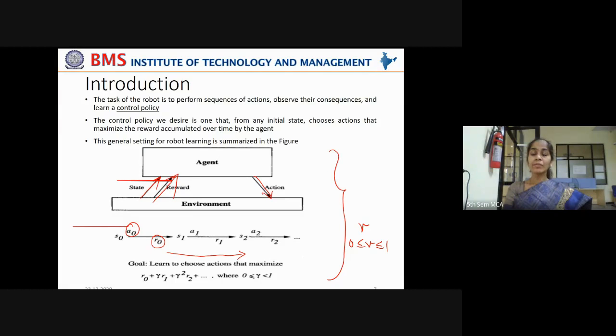If the delay in giving the reward or feedback to the agent is more, then that reward's importance will be reduced in the learning process. So immediate rewards are always appreciated. So gamma has to be kept as low as possible towards 0, indicating that there is not much delay in giving the rewards to the agent in the learning task.